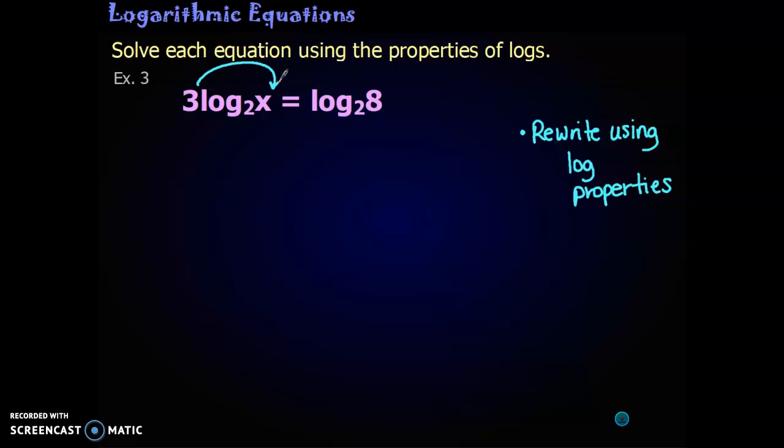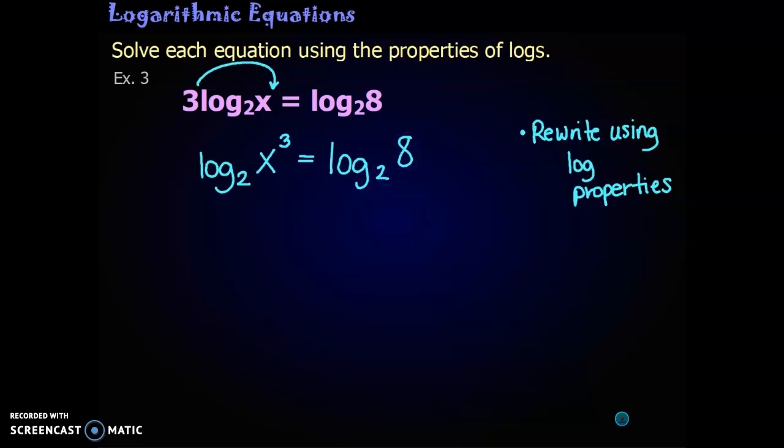So that 3 coefficient out in front can be moved to the power, that's what plog, the P, power property, does. So that can be written as log base 2 of x cubed equals log base 2 of 8.